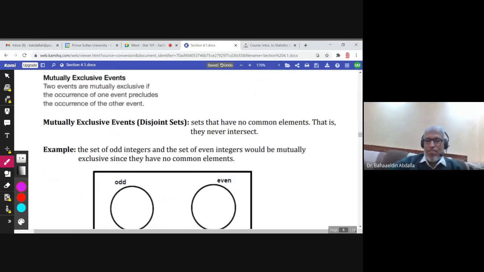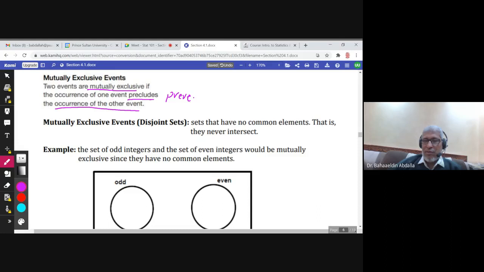The last point would be the definition of mutually exclusive events. 2 events are mutually exclusive if they have nothing in common. If the occurrence of one event precludes the occurrence of the other event. Precludes means prevents.